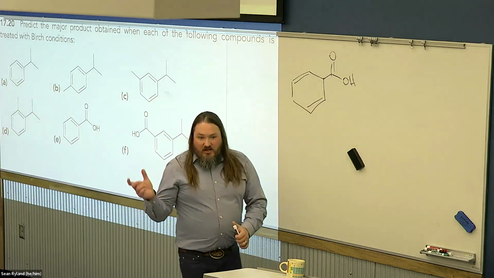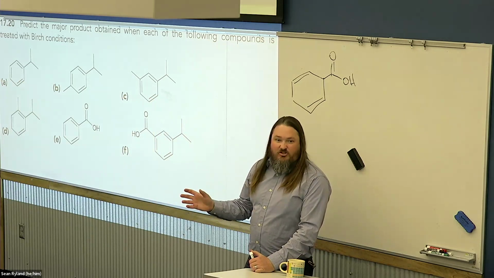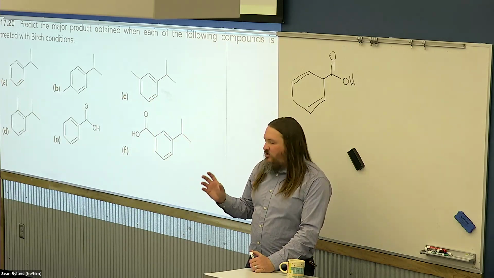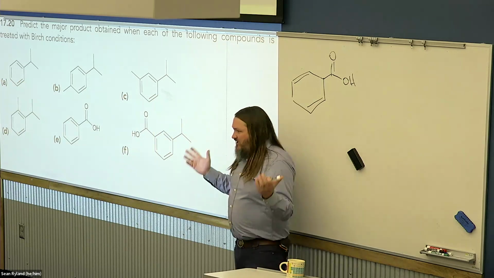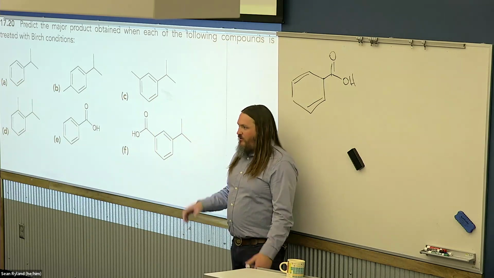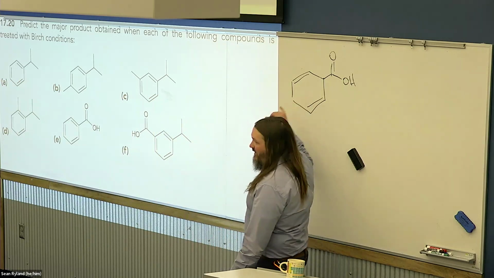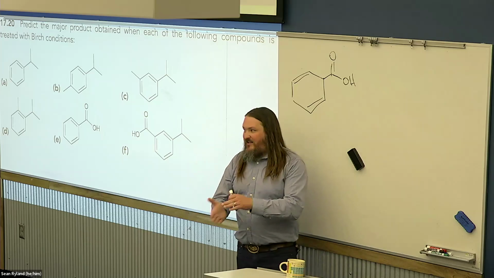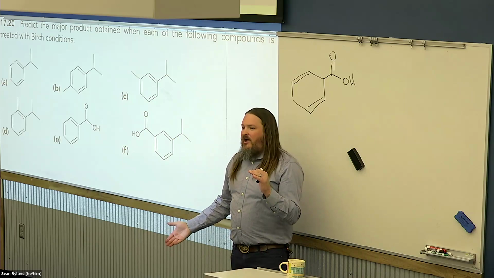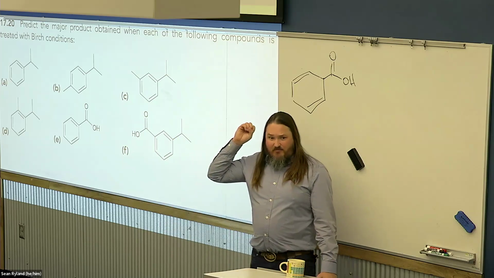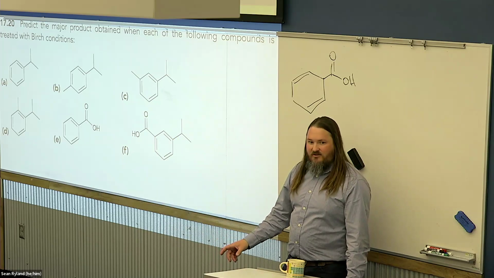If they're all donating, then they're all relatively the same strength, because donating is a kind of weak effect. So in that case, you're just going to get a mixture where 2 out of the 3 are happy. If it's electron withdrawing, we'll actually learn that there's a scale of how strongly withdrawing the groups are, and what matters is that the most withdrawing group is satisfied.